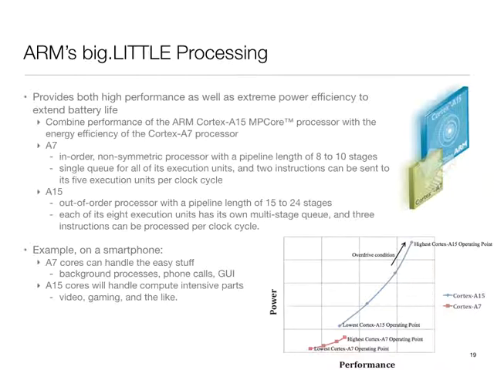So in a typical scenario, A7 will handle the background stuff, but when suddenly some more intensive workload comes into play, like processing of some sensor data or gaming, then an A15 core takes over. And actually, I haven't kept track of what the latest generation Snapdragons do.